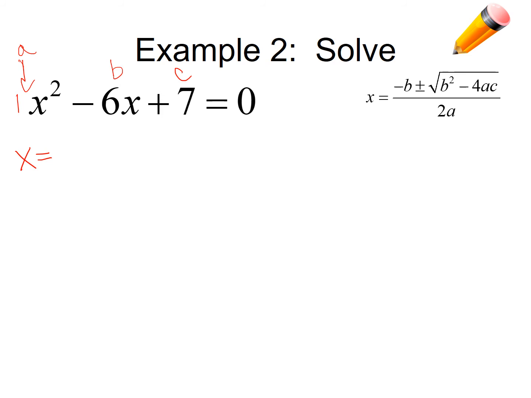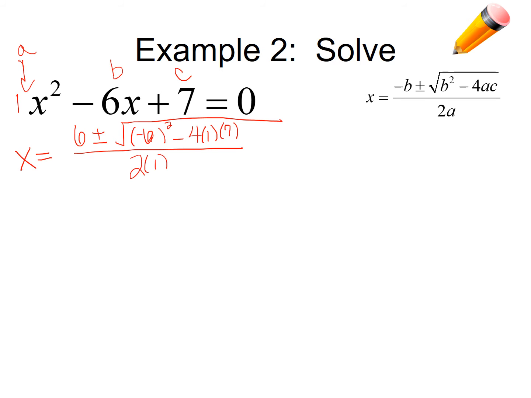So we have negative b, so if b is negative 6 and we need to negate it, that's going to turn it to a positive 6, plus or minus the square root of negative 6 squared minus 4 times a times c, and a was 1 and c was 7, all over 2 times a, which is 1. So x is equal to 6, plus or minus, let's simplify what's underneath the radical.